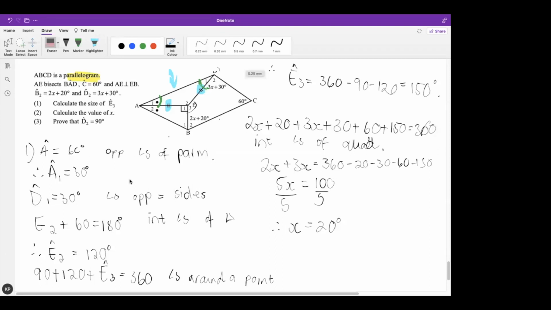Ma'am, since you figured out X, you're going to put 3X plus 30, because that is angle D. So it's 3 times 20 plus 30, which is 60 plus 30 equals 90. Yay!